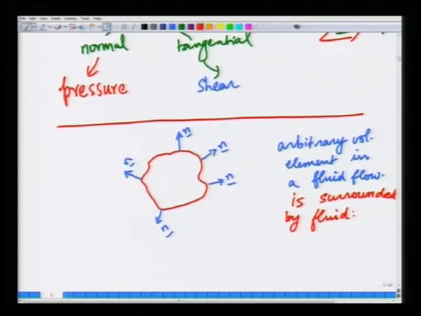Okay. And if you look at a given point on this volume element, and you take a tiny patch of area delta A, this has a unit normal n at this location. And if you ask what is the force, which can in general be in any direction, or the force per unit area, which is denoted by the letter R, it is the stress vector, okay, it can point in any direction.